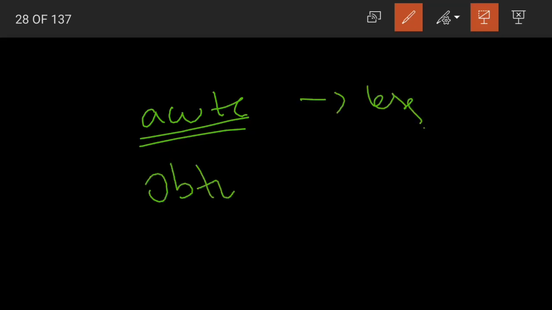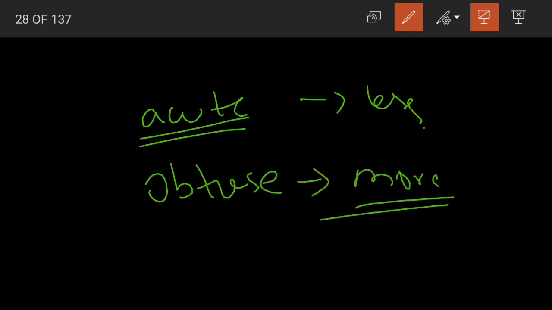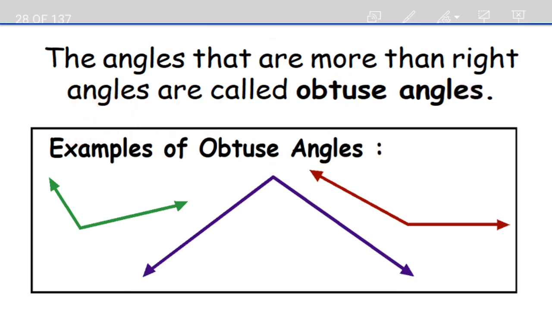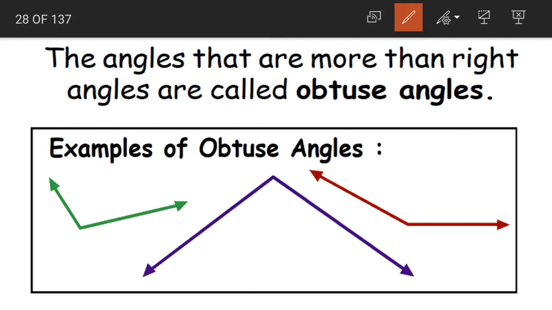Then automatically obtuse angles become what? They are the angles that are more than the right angles. So if you remember either one of them, it is sufficient. Or if you remember both, what is an acute and an obtuse angle, then it is very good, children. So the angles that are more than right angles are called obtuse angles.